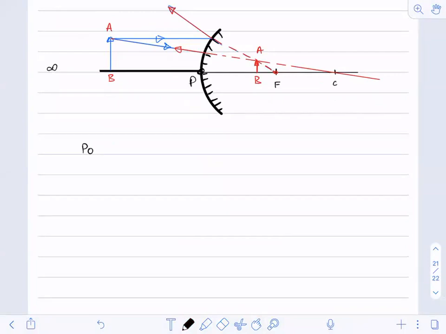Let us find out position. Position of object: where did we keep the object? Anywhere. We kept the object anywhere between infinite and pole.